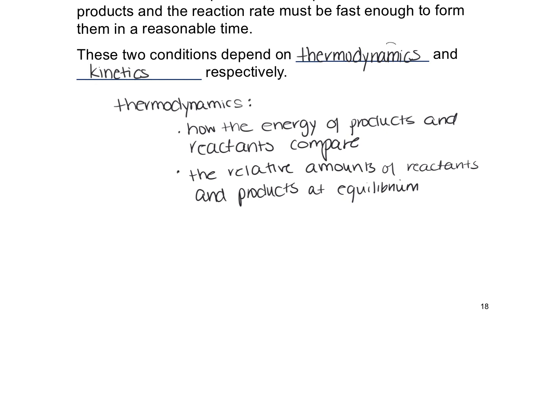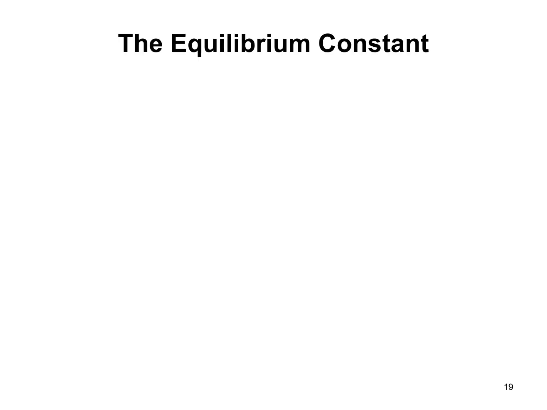Now, kinetics is going to describe reaction rates, and that's just how quickly reactants are converted to products. One of the tools that we use for this is the equilibrium constant, a lot of times shown as KEQ.